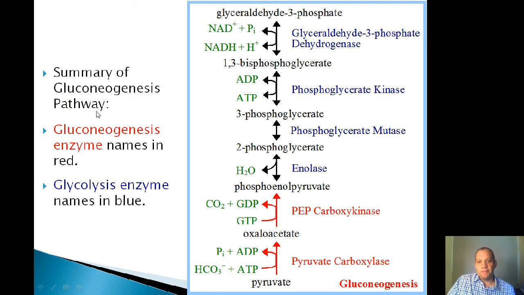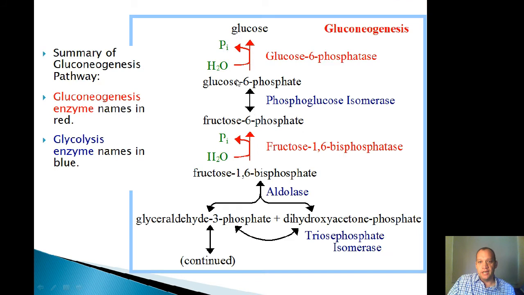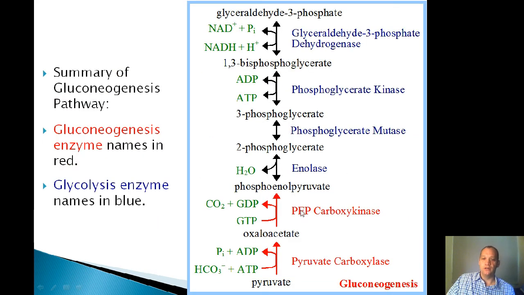So then, just as a summary of what we've just said, this is the gluconeogenesis pathway written over the glycolysis pathway. The glycolysis enzymes I've made in blue on here, and the gluconeogenesis enzymes are in red. So what we've said is that pyruvate is turned into phosphoenolpyruvate in gluconeogenesis by using a 2-enzyme system.